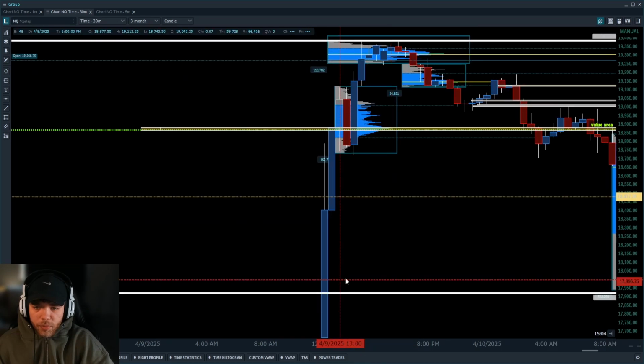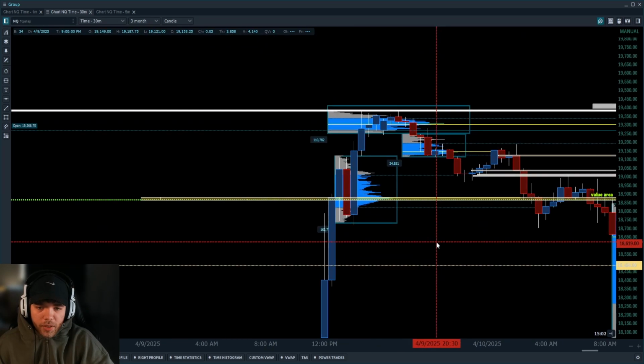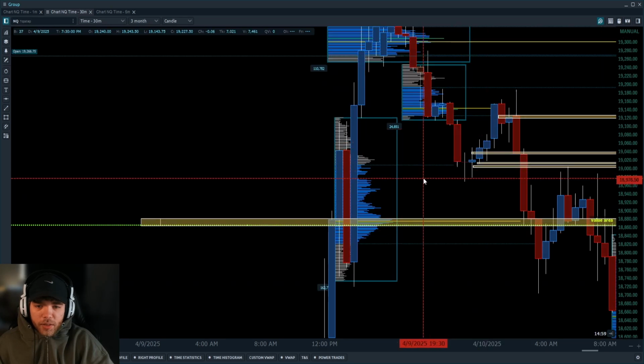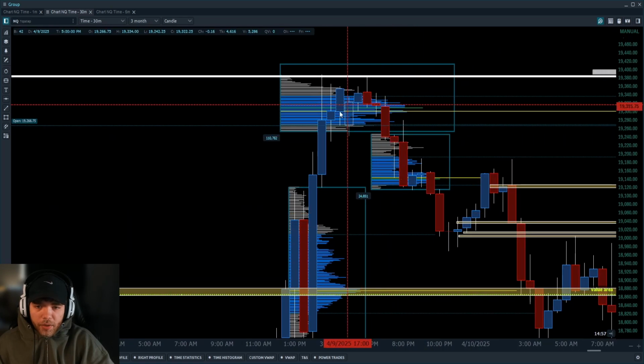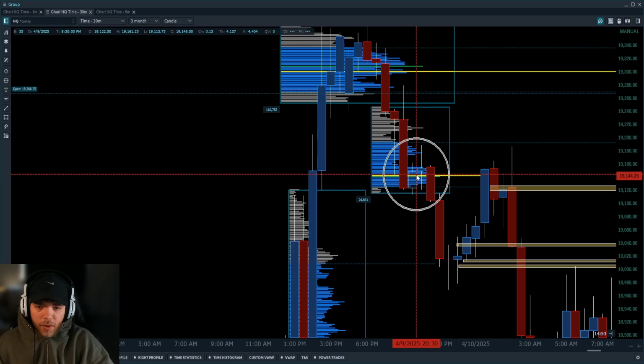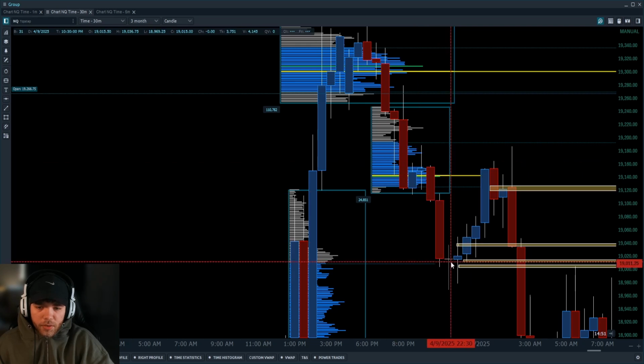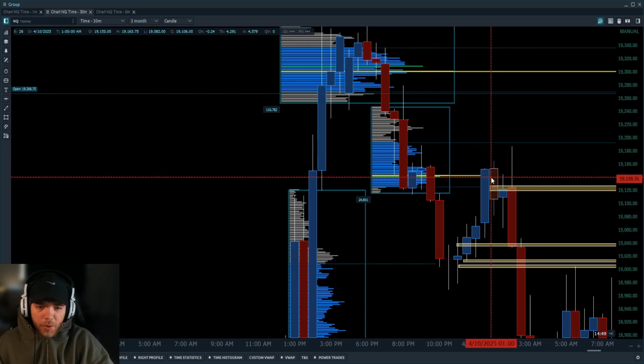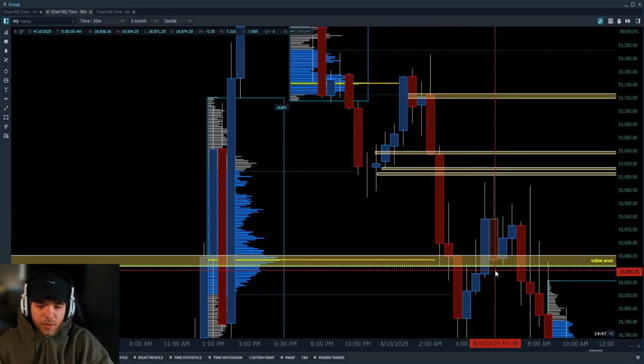I believe Trump put a 90-day halt on tariffs, and that's what kind of sent us in this up trajectory here. But yeah, we lost this area of balance, found a new area of balance, lost it, and then came back up into that POC and then rejected, and then that was the high.